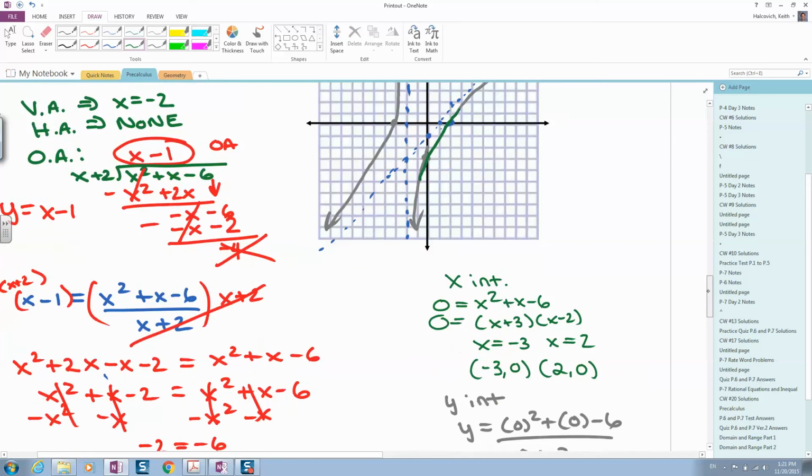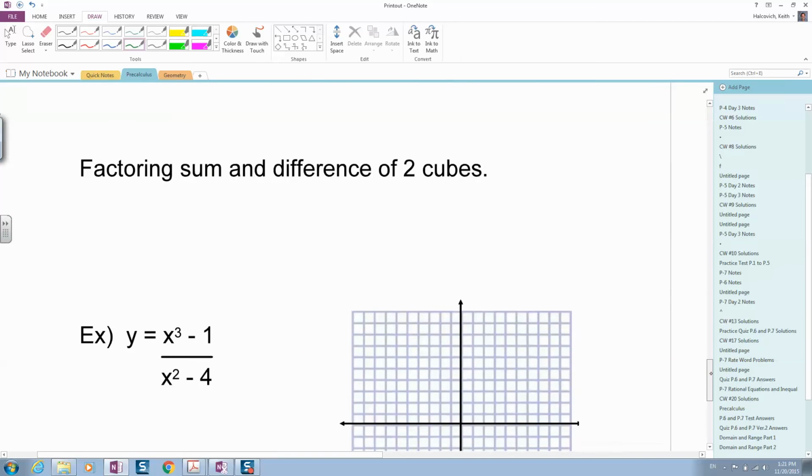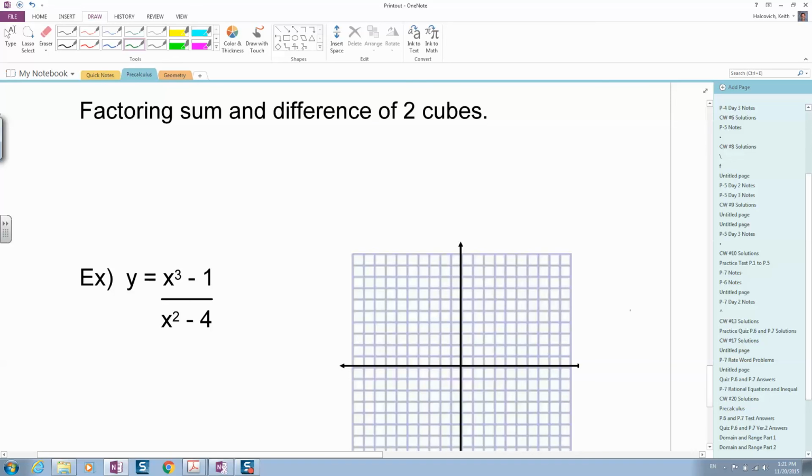All right, so let's do one more. This one, you're factoring the sum and difference of two cubes. Remember, a to the third plus b to the third, when you factor it, you get a plus b times a squared minus ab plus b squared.